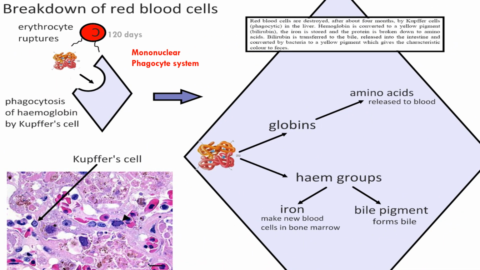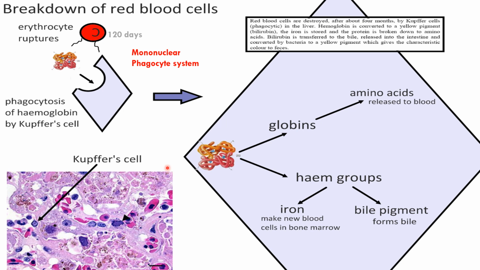So the breakage of the RBC, what happens after 120 days? The life cycle of the erythrocyte gets over. So after 120 days, the erythrocytes rupture, and the mononuclear phagocyte system, the Kupffer cell, does the phagocytosis of the broken erythrocyte.